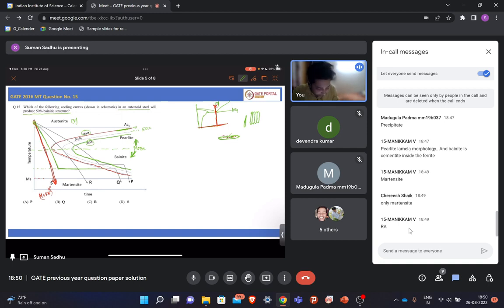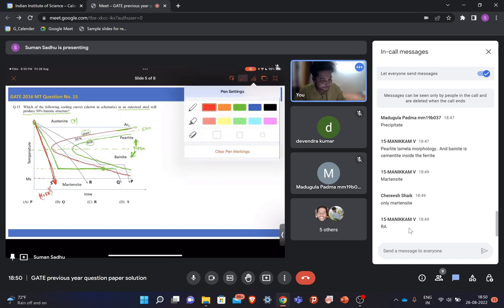Now, as soon as it is touching this curve, that means transformation is starting from this point, and we are holding it further. Sorry, let's say when we quench that, it will be a mixture of retained austenite and supersaturated alpha. So now, when we are holding it, what is happening at this point? The carbon started precipitating out.